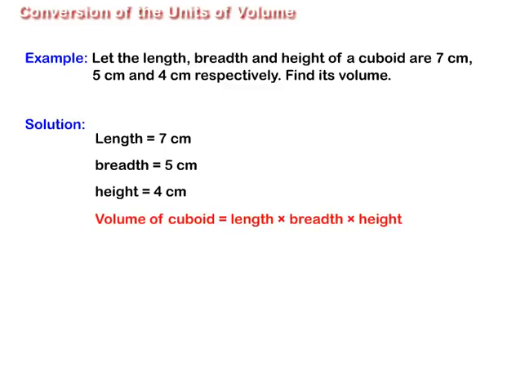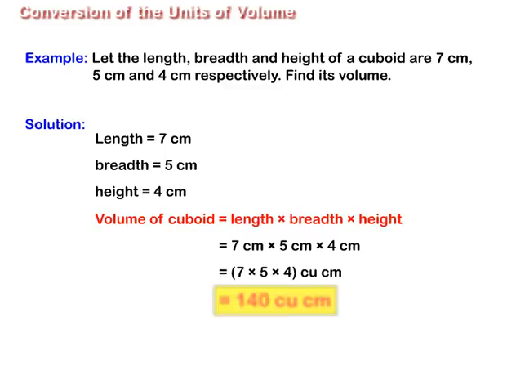Volume of cuboid is equal to length multiplied by breadth multiplied by height, is equal to 7 cm multiplied by 5 cm multiplied by 4 cm, is equal to 7 multiplied by 5 multiplied by 4 cubic centimeters, is equal to 140 cm³ or cubic centimeters.